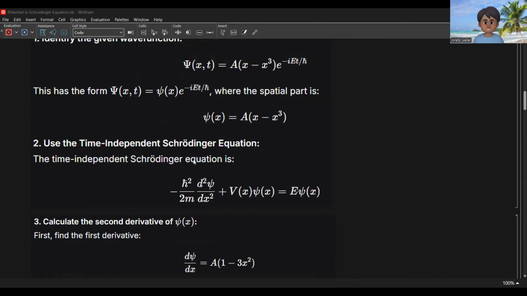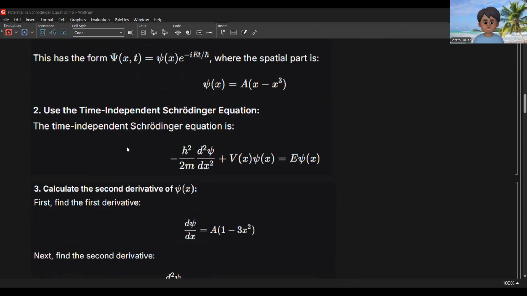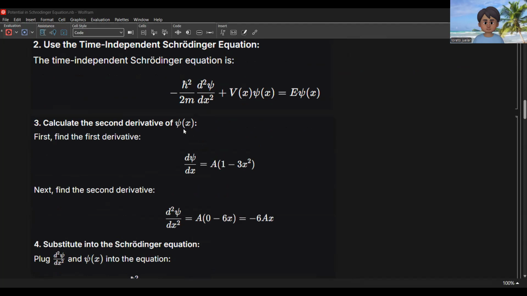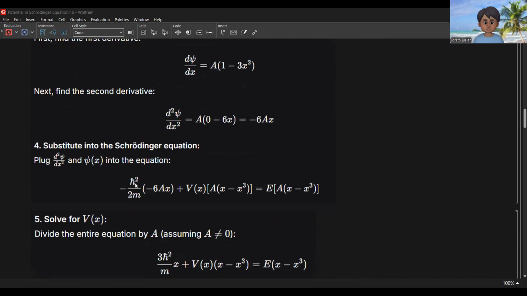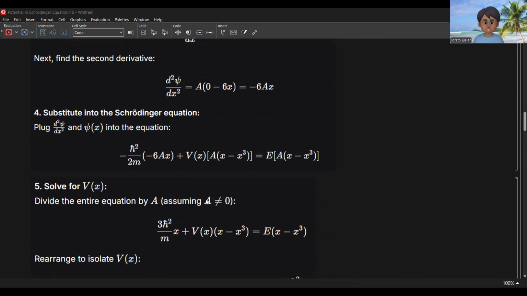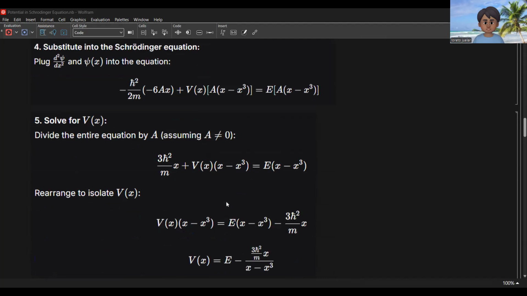Use the time-independent Schrödinger equation. The time-independent Schrödinger equation is this one. And calculate the second derivative of the wave function. So find the first derivative, and the second derivative here is equal to negative 6 a x. Then substitute into the Schrödinger equation. Then divide the entire equation by a, assuming a is not equal to 0.